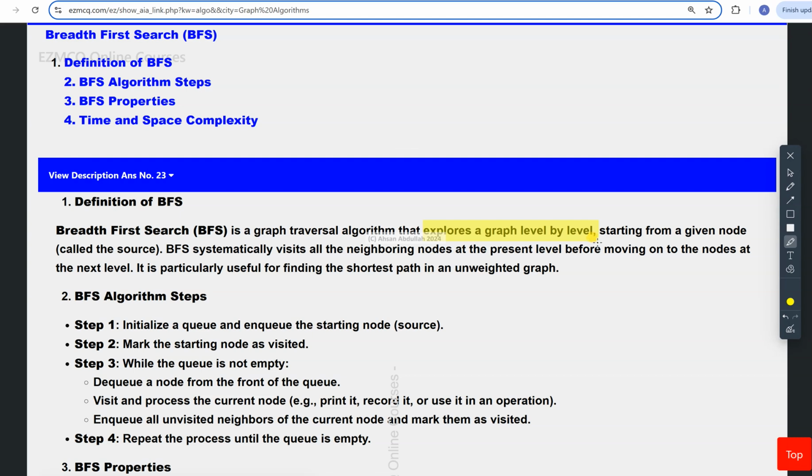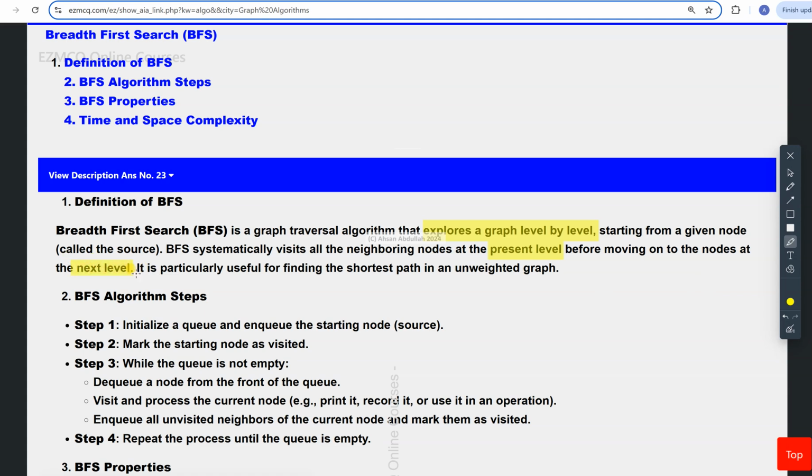Basically, it's a tree, because otherwise it could be a graph also, but then we have to deal with something called back edges. So we have to avoid back edges, which create cycles. Anyway, it systematically visits all the neighboring nodes at the current level before moving to the next level. So it traverses the structure level by level.